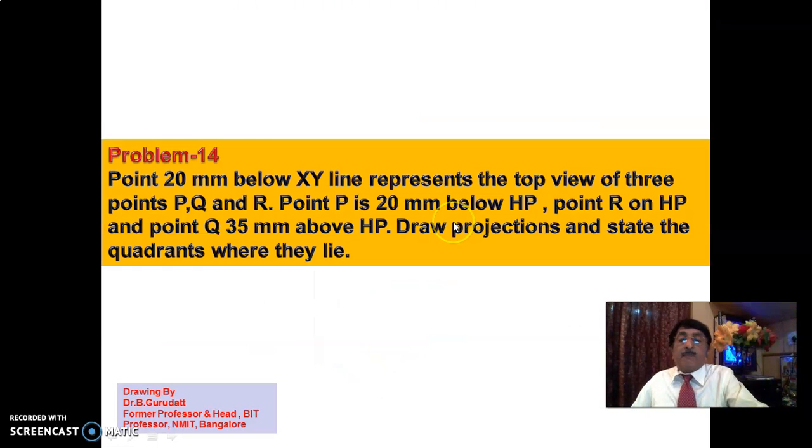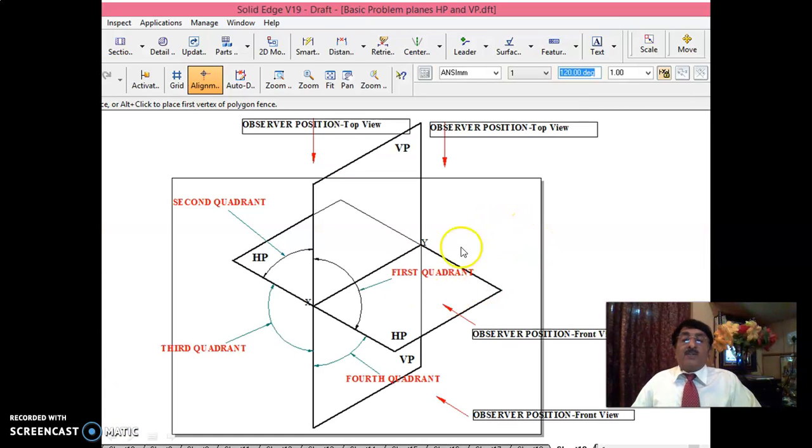But in this problem they have clearly given point 20 mm below XY line represents the top view of 3 points PQR. In that way you know very well that the 3 points are located one below the other in the first and the fourth quadrant, because in first and fourth quadrant only HP is below XY line.